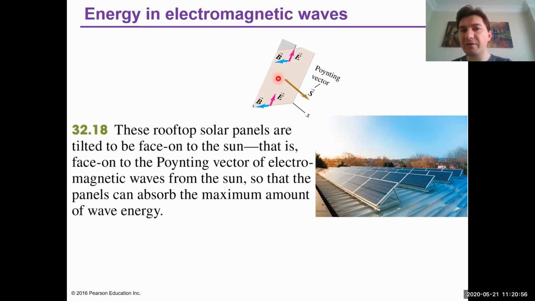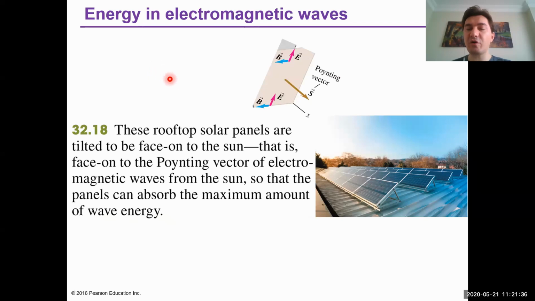This is the electric field component and magnetic field component of the light coming from the sun, and this is the Poynting vector of that light. If you make that Poynting vector perpendicular to the surface, you will get the maximum amount of wave energy. For this reason, the surfaces of the solar panels are always looking at the sun.